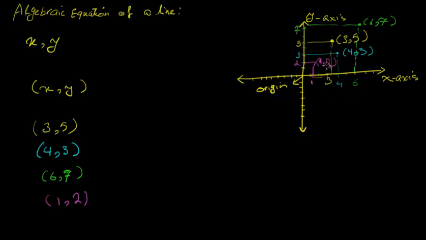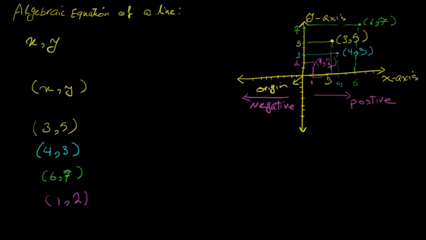What about negative values of x and y? When the numbers are negative, the direction changes. Negative starts at the 0 and moves in the opposite direction. For x, since moving toward the right is positive, if we move toward the left, it is negative.